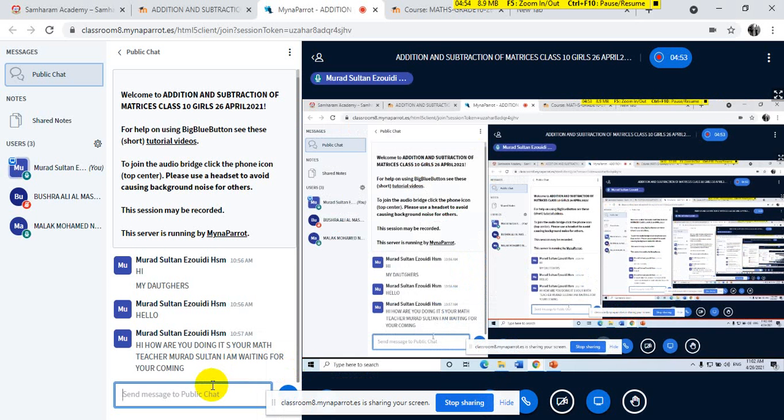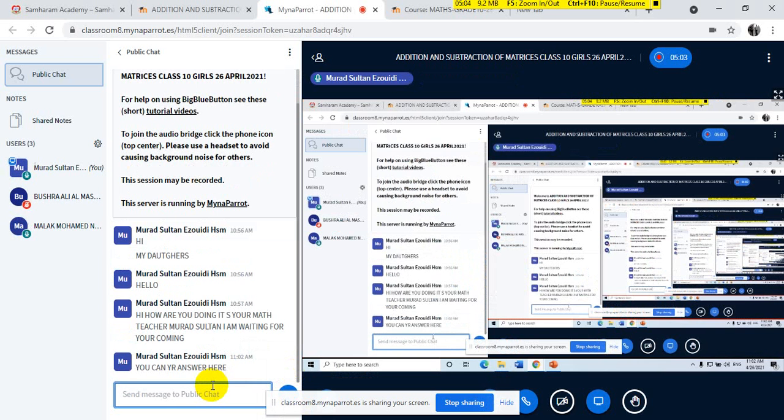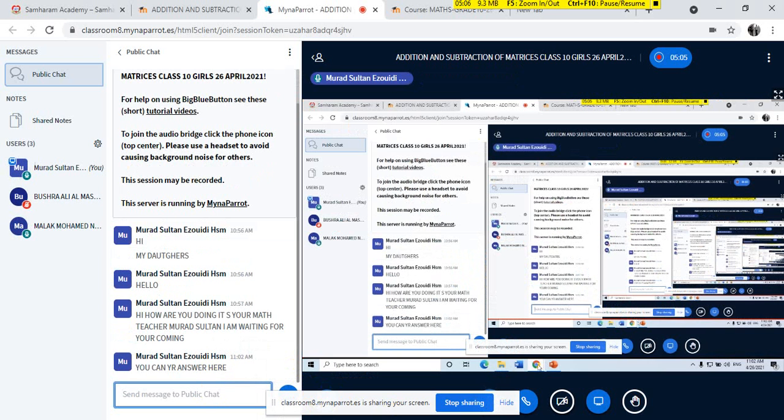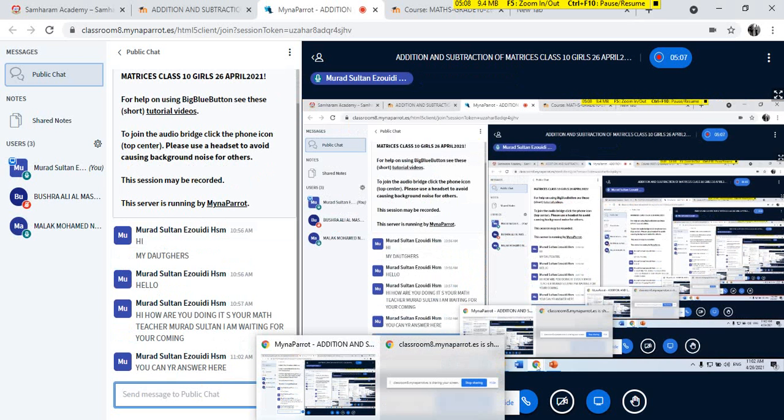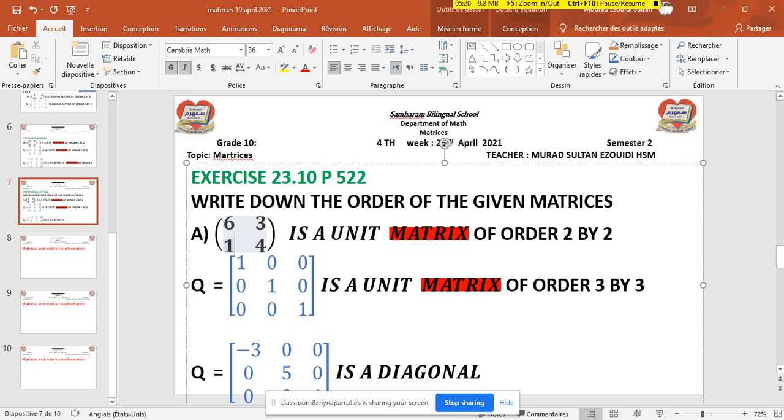Malek, you can also write. How are you, my daughter? You can write your answer here. Okay? So, if you have your student book, open your course book page 522. Exercise number 1. We will try to write down the order of matrices.